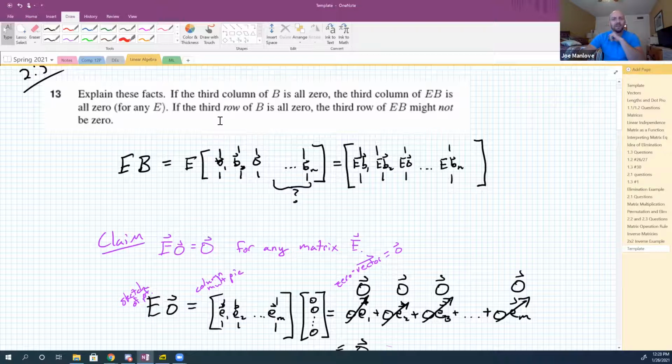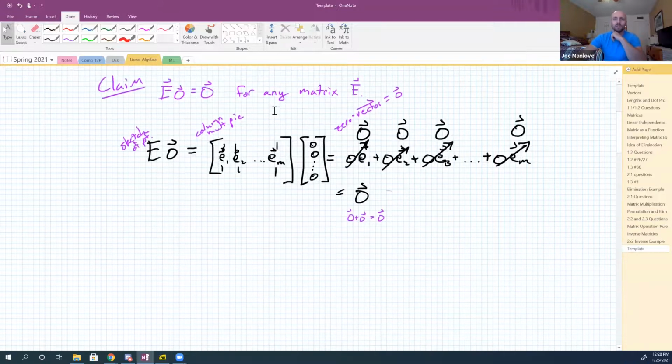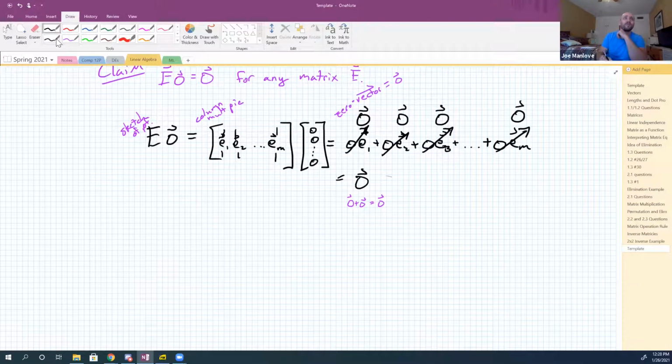Let me see if I can find a matrix that has zeros in a row where I can multiply it by something and get not zeros. You guys with me on that? Okay, so let's do it. Let's see if we can find one.